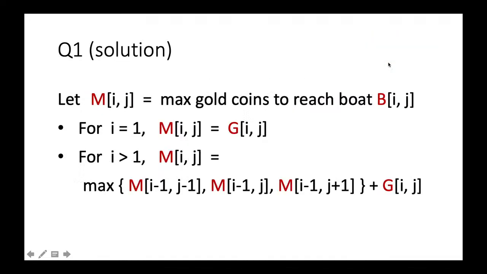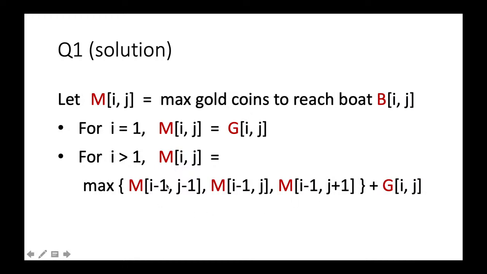So in general, for i and j, we pick up the corresponding boats in the previous row. All of them have i minus 1 here, that can reach this j. They may be reaching from j minus 1, j, or j plus 1, together with the gold coins that we obtain in the boat Bij.